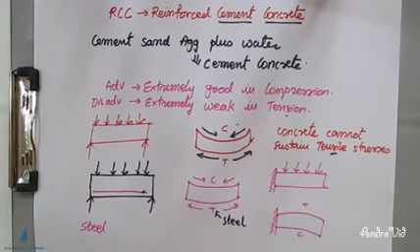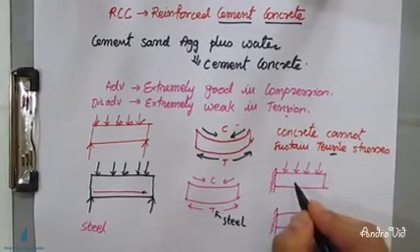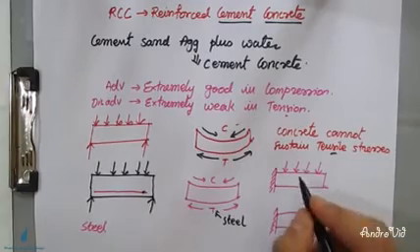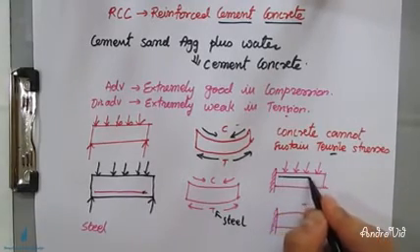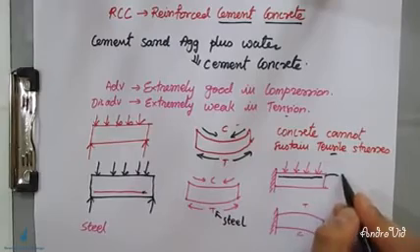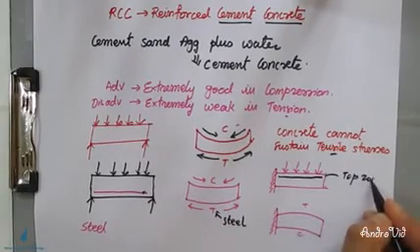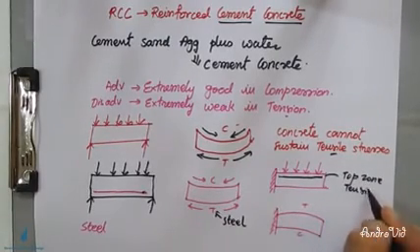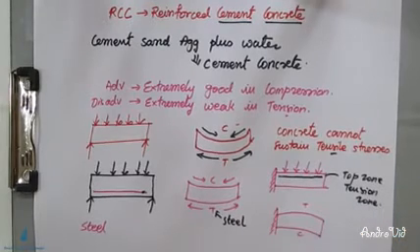If you provide the steel in the bottom zone, then it will be a complete structural disaster. You have to reinforce the steel in the concrete in the tension zone, and in the cantilever case the tension zone is the top fiber. So you have to place the steel at the top zone, or tension zone, right?